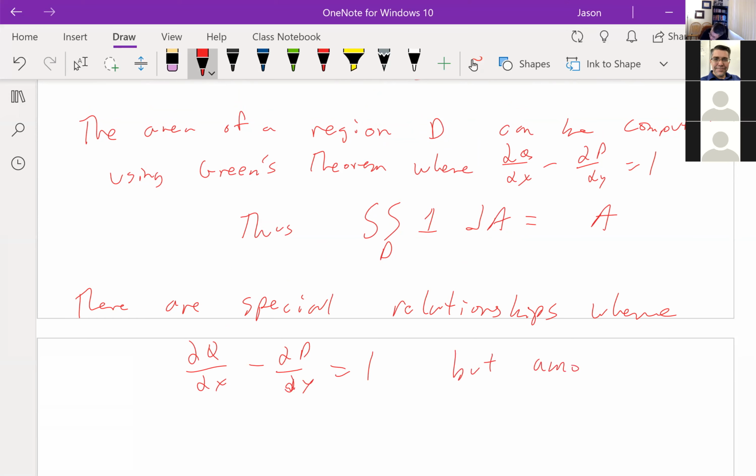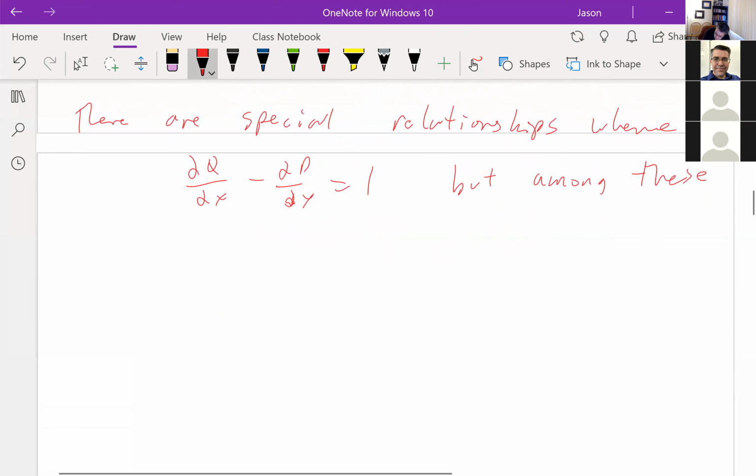But among these are when dQ/dx is equal to 1 and dP/dy is 0. So what partial would give you 1? If you're focused on the x's, that would just be x, right?